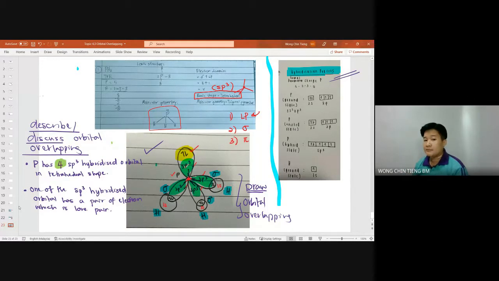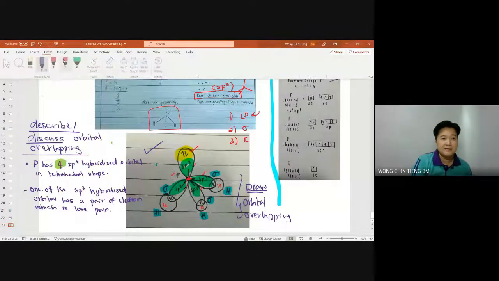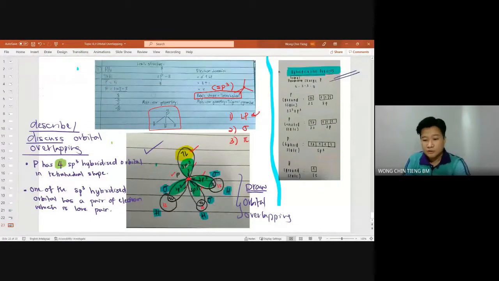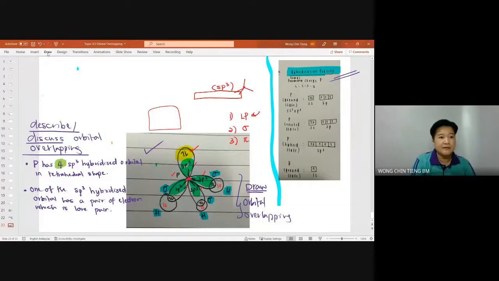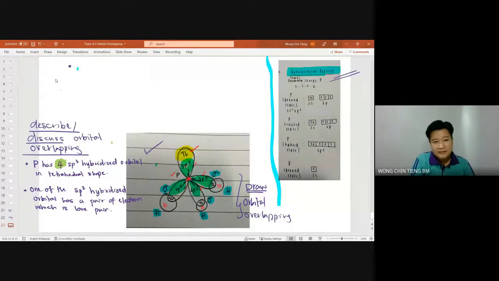Untuk soalan macam ini, di mana sigma kamu overlap dengan orang yang sama, cara yang sama, bentuk yang sama, boleh buat sekali. So, ayat dia sound like this. Saya tak ada tempat, so I decided to, maybe I should delete this and saya tulis kat atas. So, untuk yang ni kamu boleh combine ayat dia. Kalau benda yang sama, exactly the same. So, the third sentence, 3 of the sp3 hybridized orbital. Okay.